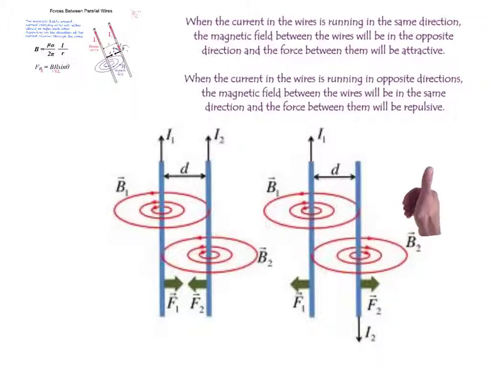And on the other side, between the two wires, the magnetic field is going into the page as well. So here we've got the current traveling in opposite directions. The magnetic field between the wires will be in the same direction, and the force between them will be repulsive. So what we have to remember there is when the current is traveling in the same direction, they're going to attract. When the current's traveling in opposite directions, they're going to repel.